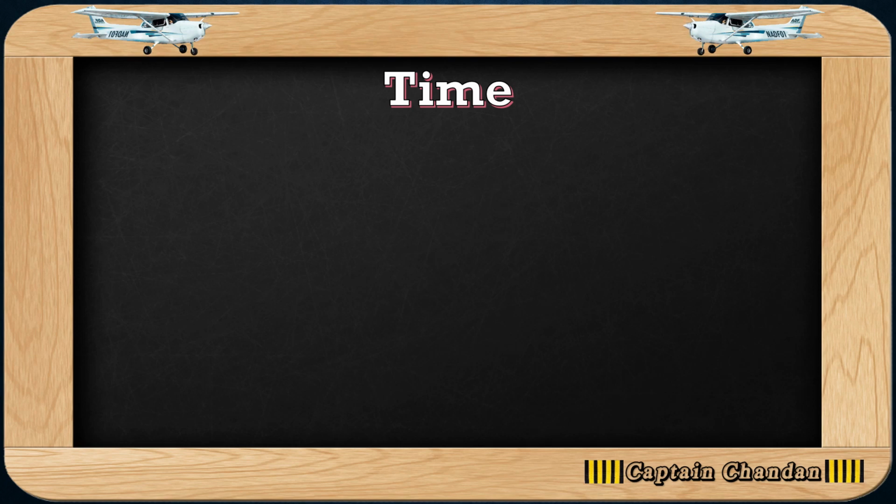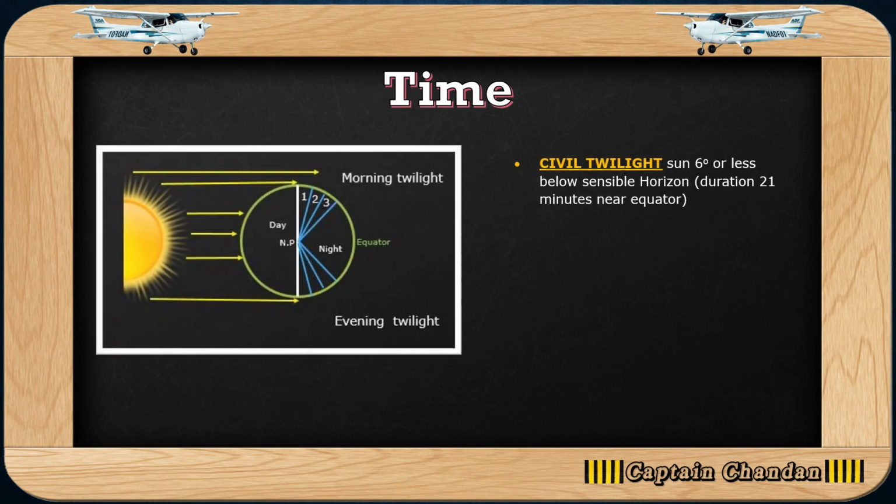Types of twilight. Civil twilight: sun 6 degrees or less below the sensible horizon. Duration is 21 minutes near the equator. That comes under section 1. Nautical twilight: sun 6 degrees to 12 degrees below the horizon, or 48 minutes before sunrise. That comes under section 2.